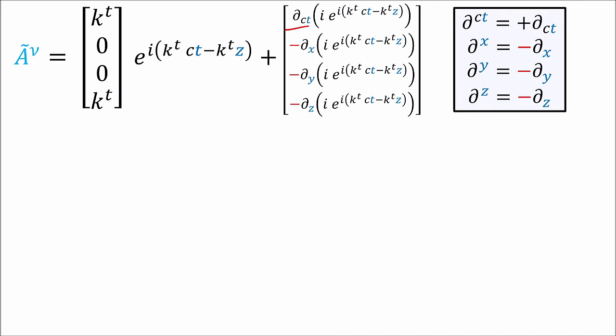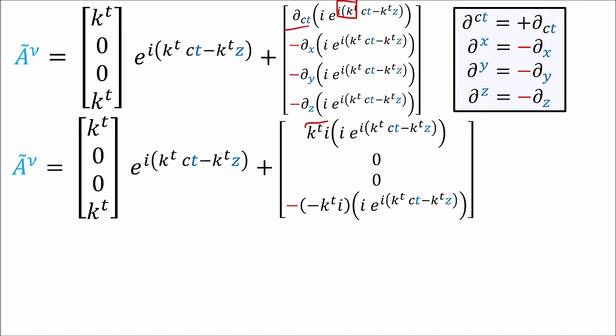Now the time derivative brings down i kt, and the z derivative brings down negative i kt, meaning these two negative signs cancel. And the x and y derivatives give 0. Now the time and z components each have a pair of complex i's, and multiplying them gives us negative 1s.